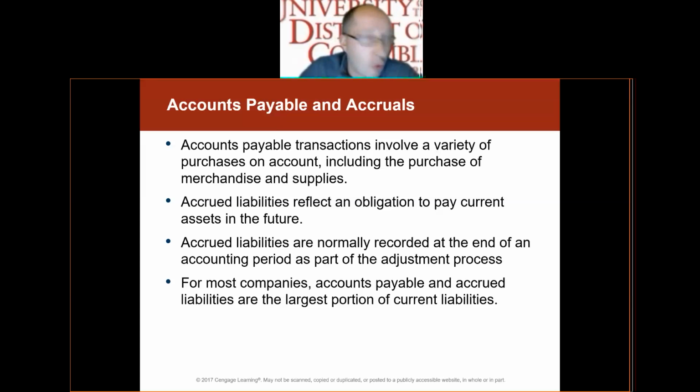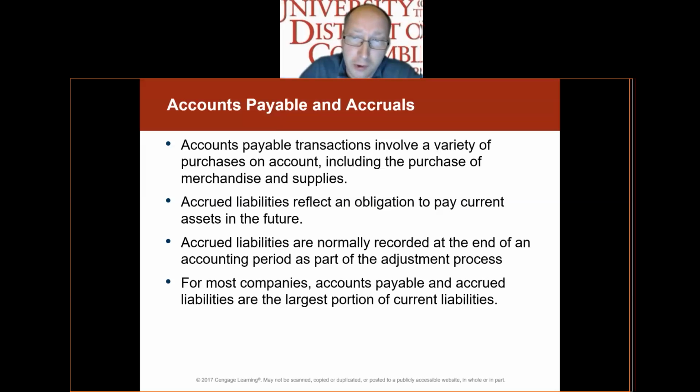That would be a prepaid asset on our side if we paid the insurance but have not yet incurred it. A liability would be if our customer paid us in advance, but we have not yet performed the work. Okay, that's an accrued liability on our end.